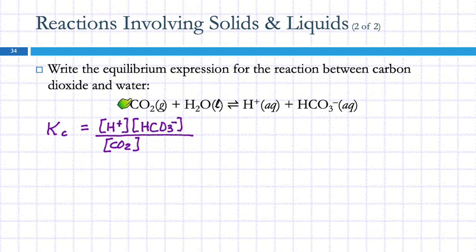We don't typically think of gases in terms of moles per liter, but it is directly proportional to the partial pressure. Okay? So we can definitely calculate the molarity of CO2 in the gas state. We can't put partial pressure here because if we're using concentrations, they all have to be concentrations. If we're doing pressures, they all have to be pressures.